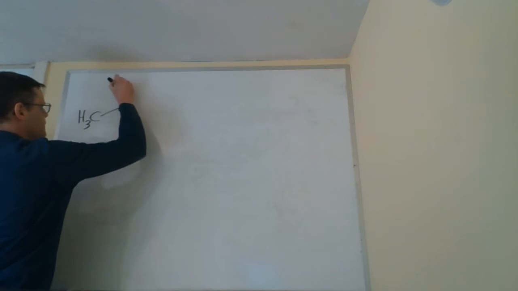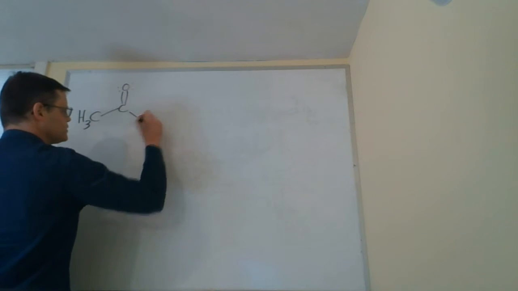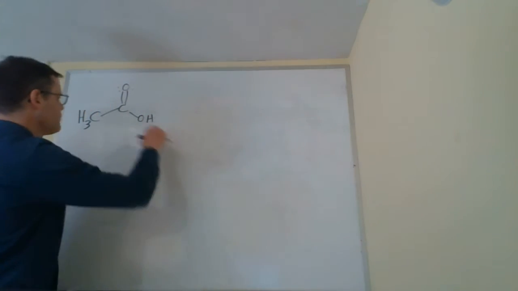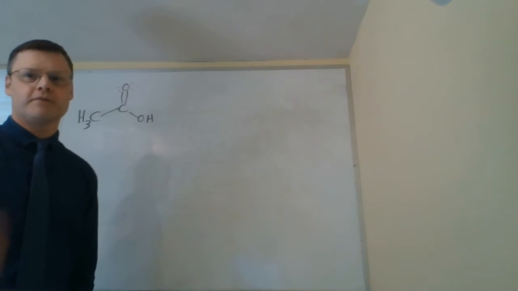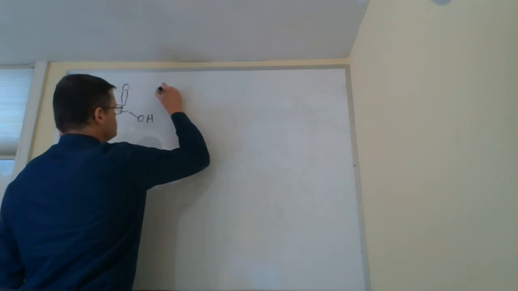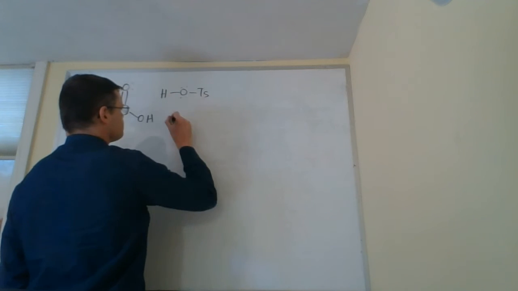So the first thing that's going to happen, and a thing that happens very commonly under acid-catalyzed conditions, is we're going to start with a proton transfer, and we're going to make this carbon more electrophilic. We're making a better electrophile. Okay, and we're going to do that with our acid, TsOH.